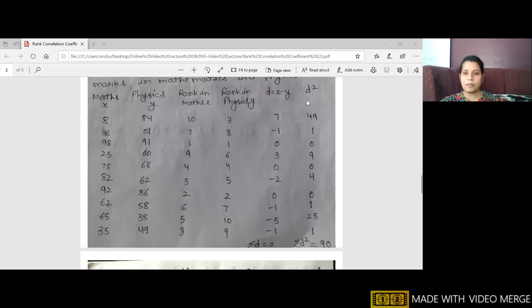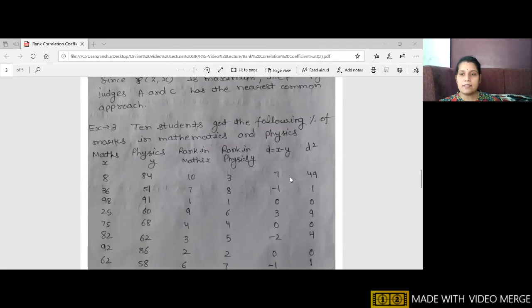So the next column is where we find D equal to X minus Y. So here 10 minus 3 is equal to 7. 7 minus 8 is equal to minus 1. 1 minus 1, 0. 9 minus 6, 3. 4 minus 4, 0. 3 minus 5, minus 2. 2 minus 2, 0. 6 minus 7, minus 1. 5 minus 10, minus 5. 8 minus 9, minus 1. So here we get the value summation D equal to 0.